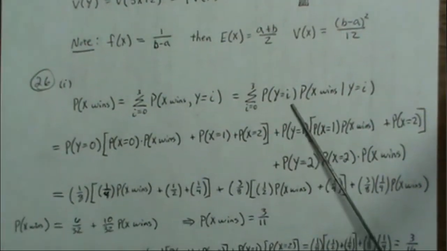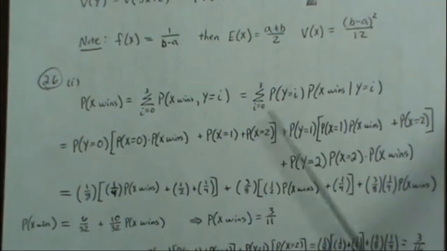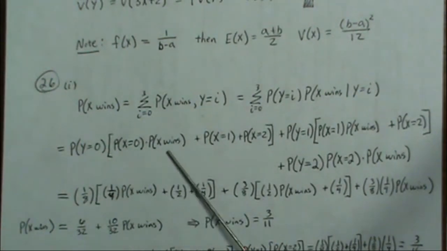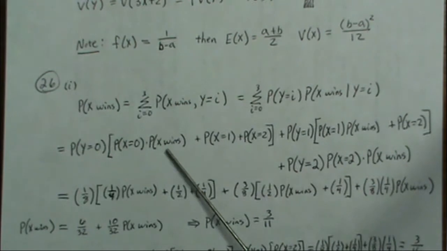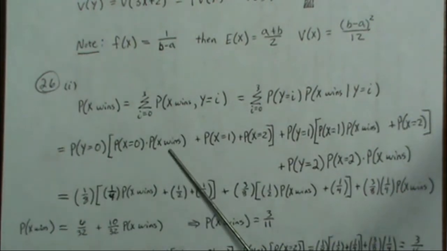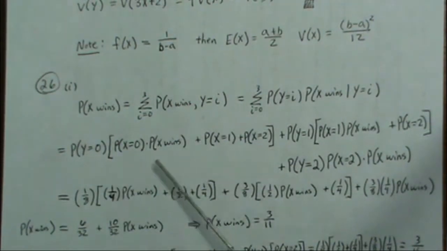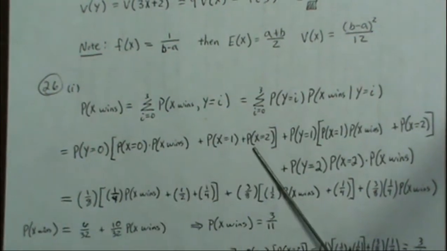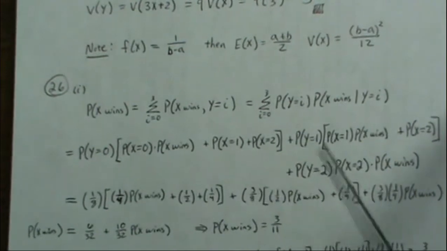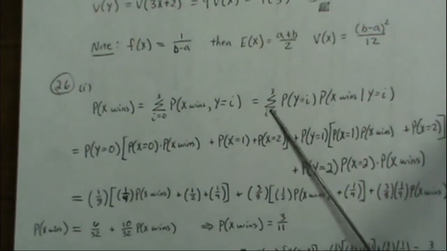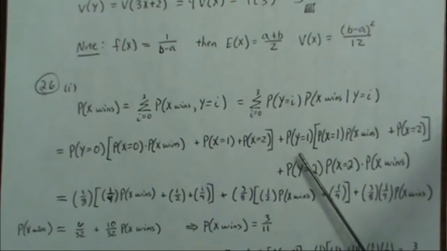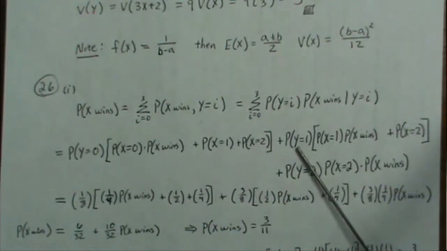So when Y is 0, it's the probability that X equals 0, but he wins. It's kind of a reset. He has to win starting the next flip. But he could also win when Y is 0 and X is 1, Y is 0 and X is 2. So then we increment to Y equals 1. And how can X win when Y is 1?